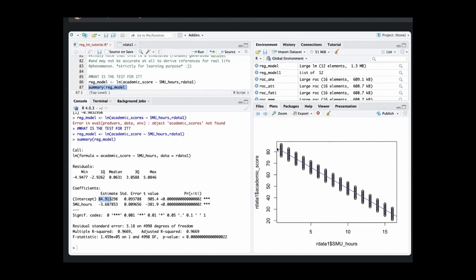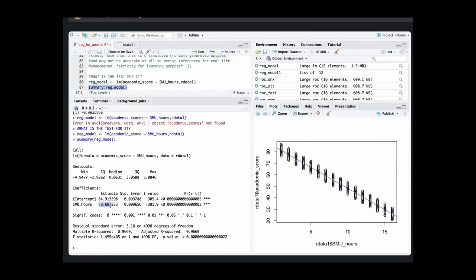So it tells you the value covered by the line when x equals 0, at this point. So this would be somewhere around 84, as you can see. R tells us that it's near around 85, so 84.9. And then the estimate for SMU hours is minus 3.68. What it essentially means is that the minus sign indicates that as your social media usage hours increase, your academic scores decrease by 3.68.